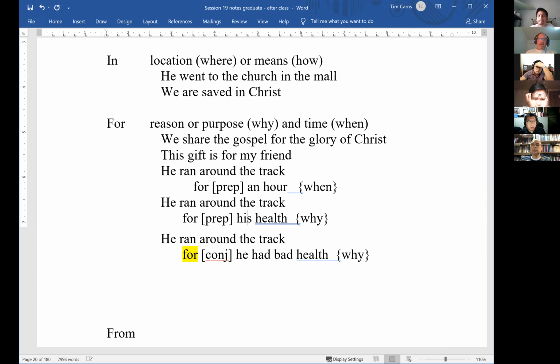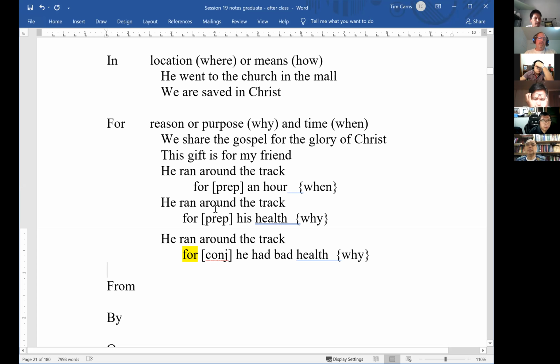Okay? So you're always going to be asking, whether it's a preposition, a conjunction, relative pronoun, participle, you're always asking the question, what question is this phrase or clause answering? That's what we want to get to.